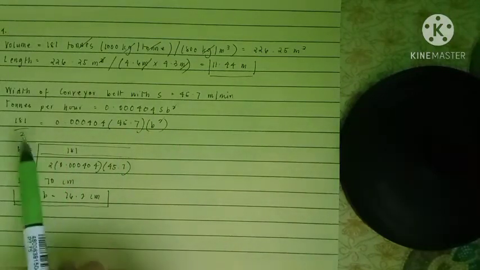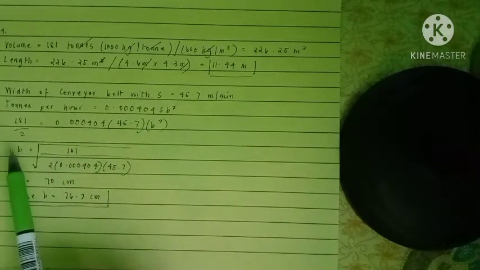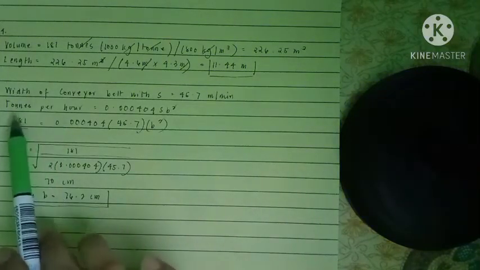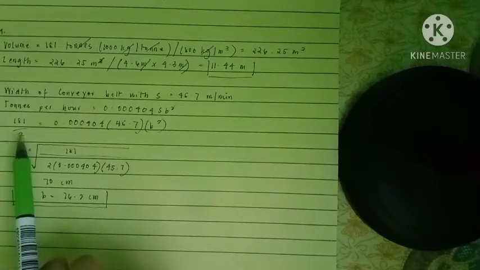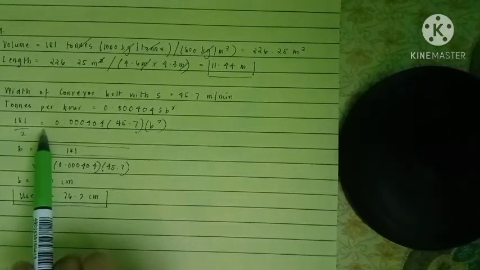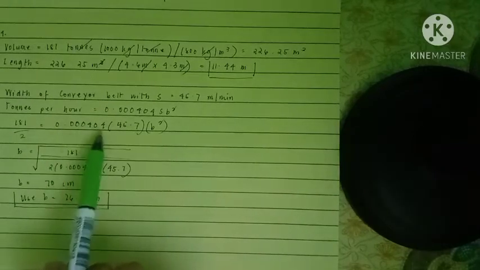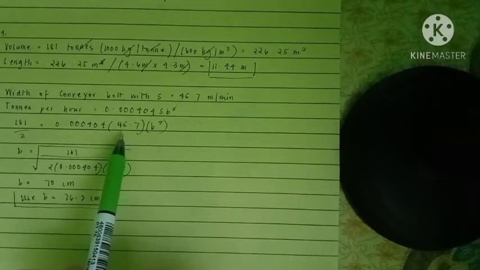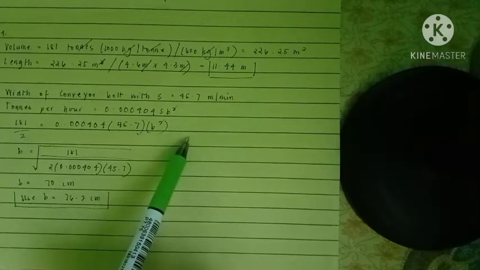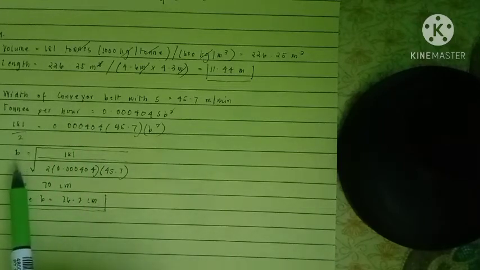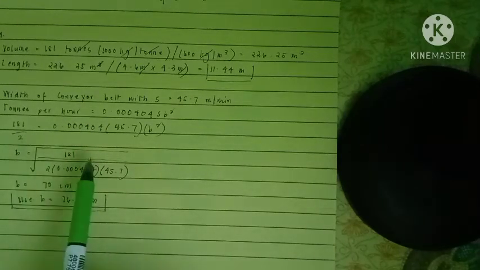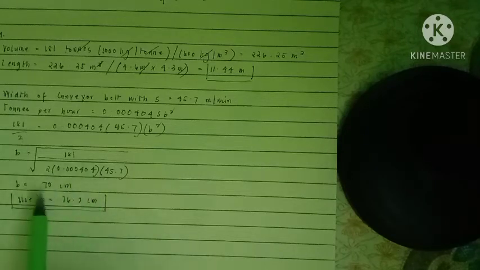Substituting our values, our tons per hour is equal to 181 divided by 2 hours, which is given in the problem, equal to 0.000404 times 45.7 times B squared. Deriving the equation, B is equal to the square root of 181 divided by 2 times 0.000404 times 45.7.